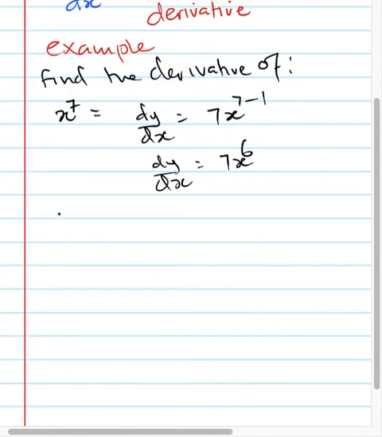We can look at another one, 1 over x squared.